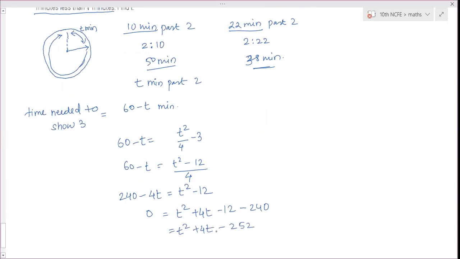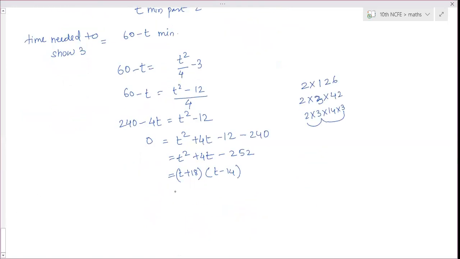Now we have to factorize 252. 18 and 14. So (t plus 18)(t minus 14). So t is equal to minus 18 or t is equal to 14.